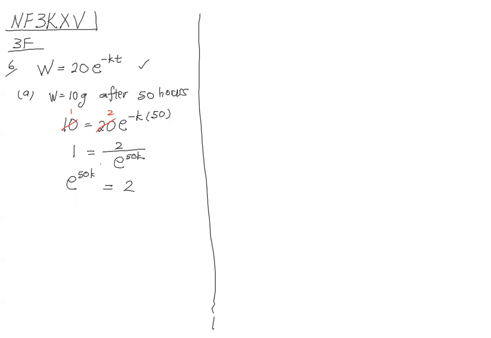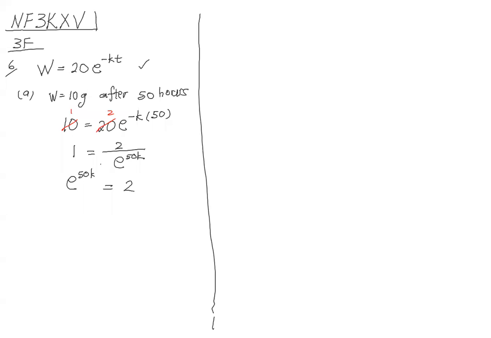Shinyi, what should I do next? If I want to find the value of K and I have e to the power of 50K equal to 2, how should I do it next?